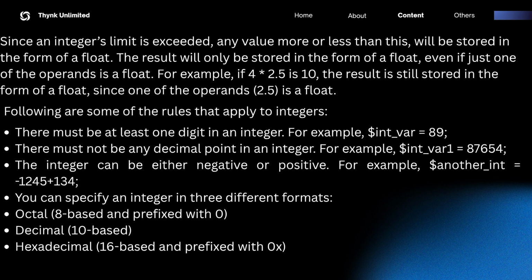However, whenever the range exceeds the system's integer capacity or involves a decimal operation, PHP intelligently converts the result into a float. This built-in flexibility ensures smooth mathematical calculations and reduces the risk of overflow errors. By following these rules and understanding how integers behave, you can write cleaner, error-free PHP code that works consistently across both 32-bit and 64-bit systems.